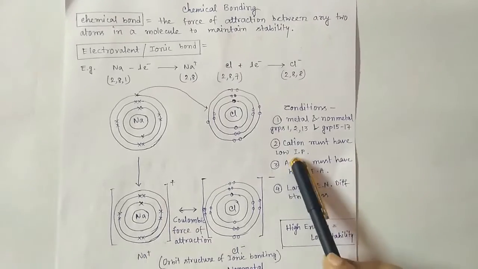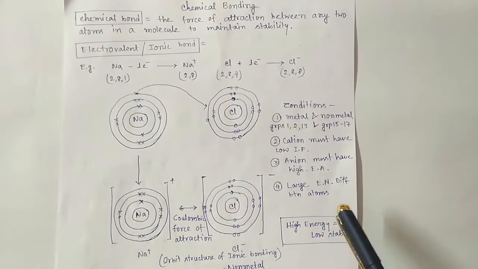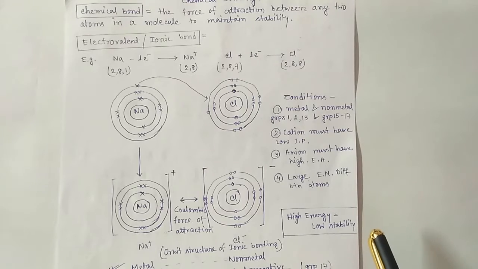Cations must have low ionization potential. I have told you why. What is ionization potential? Ionization potential is the energy required to remove 1 electron from an atom in its gaseous state from its outermost shell, converting it to a positively charged gaseous cation.